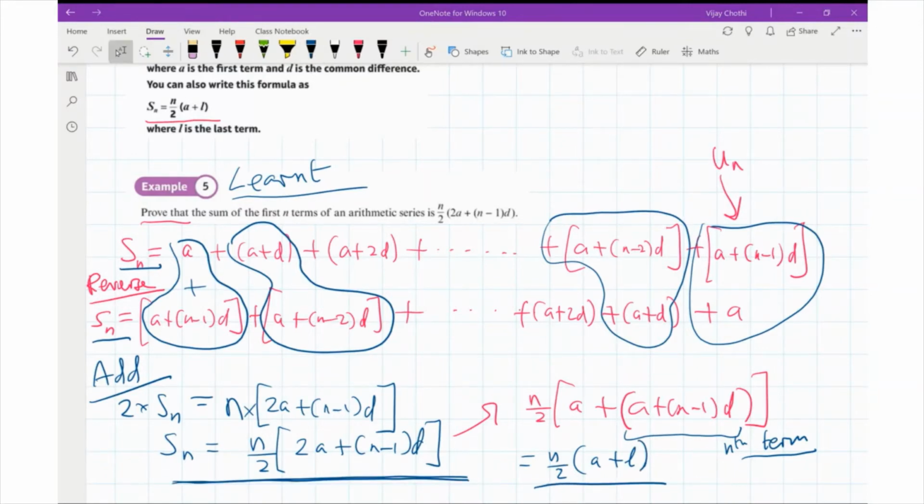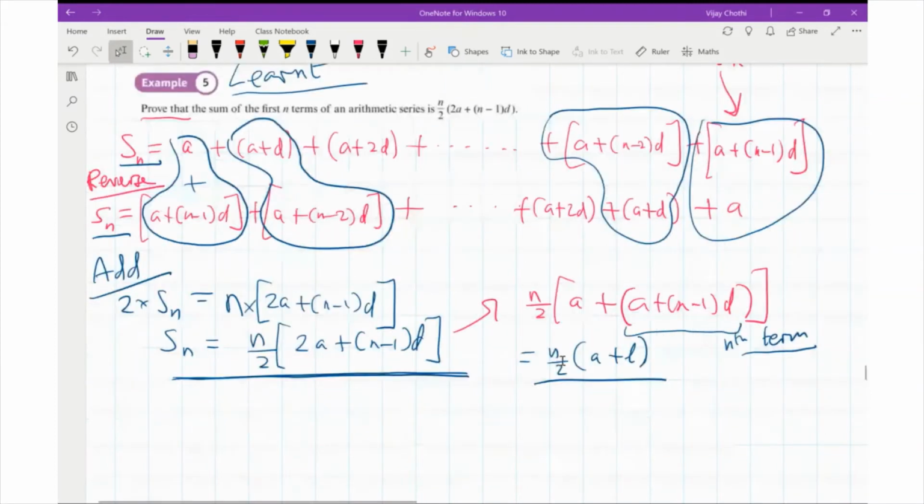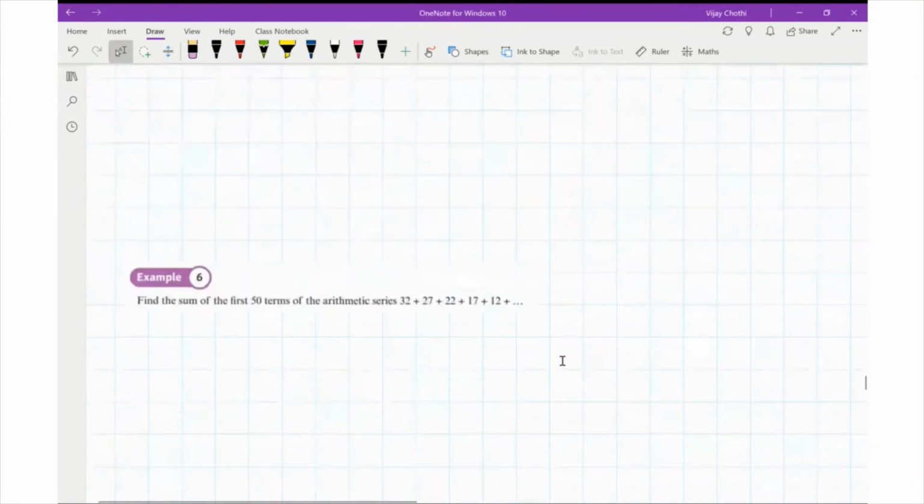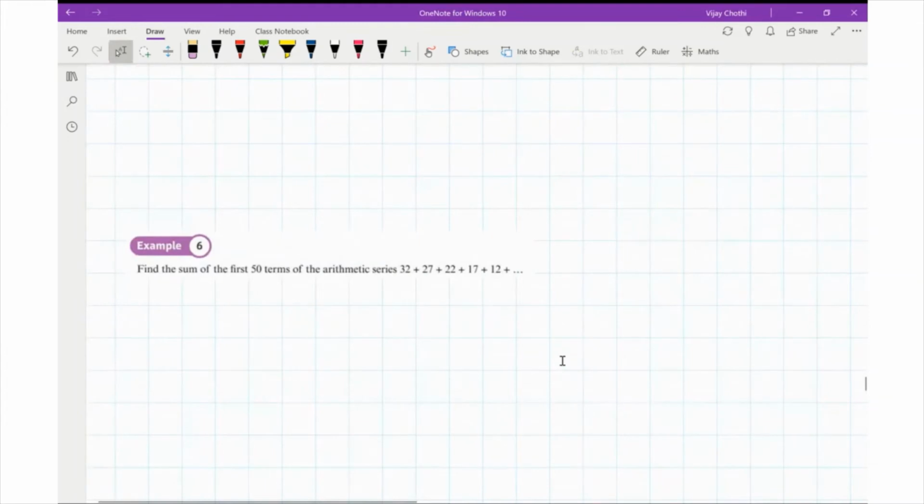So I'll do a couple of examples to show you how to apply that formula. It's just substituting numbers. Okay, find the sum of the first 50 terms of the arithmetic series. Okay, so this is an arithmetic series.